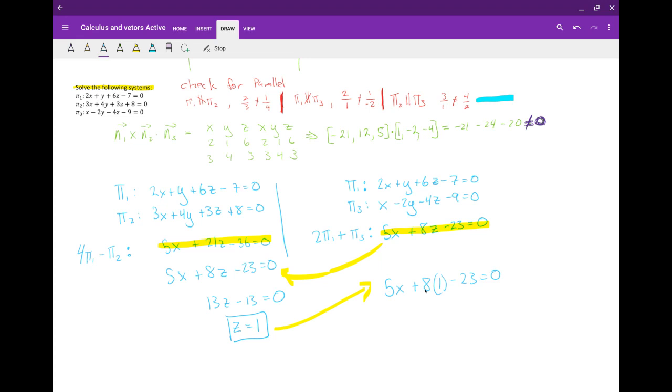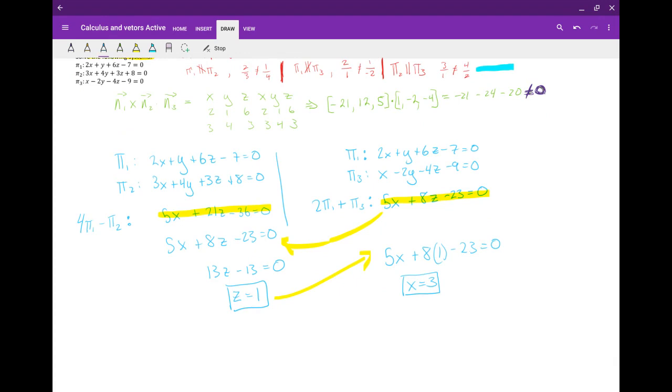And so now I'm going to take 8 minus 23, giving me, what is that, negative 15? Oh, this is working out nicely. Negative 15, and then I pass it over, or positive 15, and then I divide by 5. So I'm getting x equals 15 divided by 5, or x equals 3.